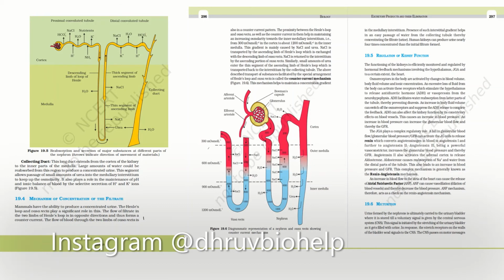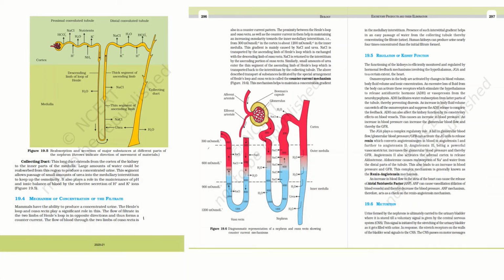Now we'll discuss the counter current flow in the vasa recta. The vasa recta act as counter current exchangers. They preserve the gradient, and the exchange of solute and water is basically via counter current flow in the blood.